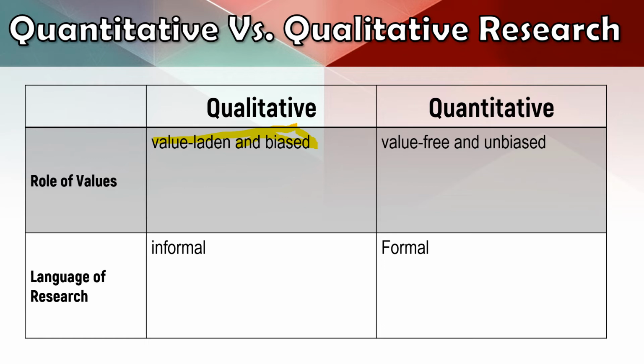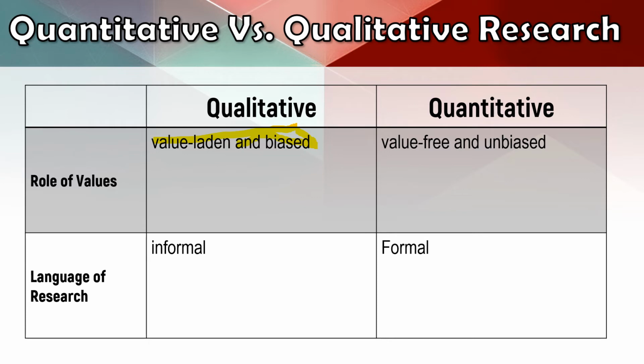And it is biased because, again, qualitative is subjective. It relies on the opinions of other people. So therefore, when we rely on other people's opinion, we are being biased already. Okay? So that is what we call bias for qualitative research.